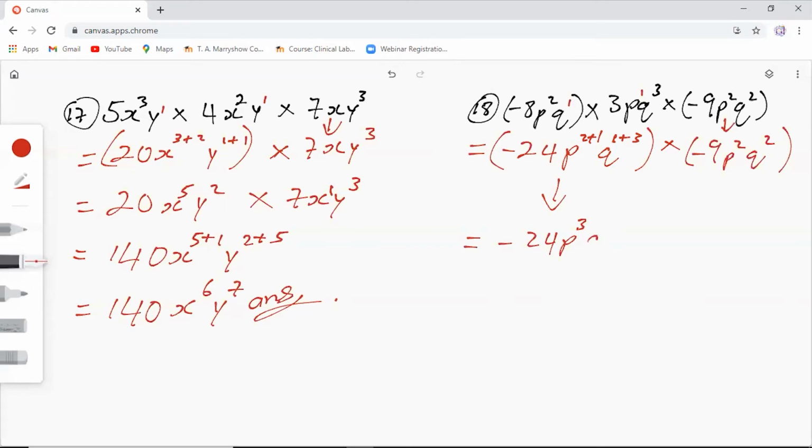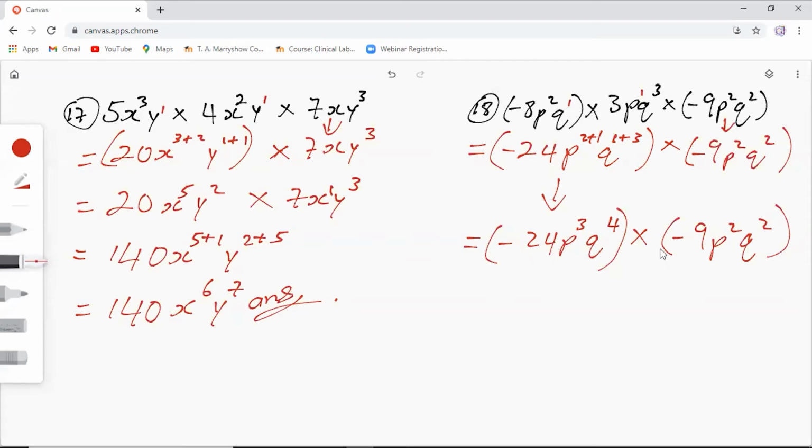Q to the power of 4, because 1 plus 3 is 4. And then we multiply that by negative 9 p squared q squared. Okay, multiply these two terms.